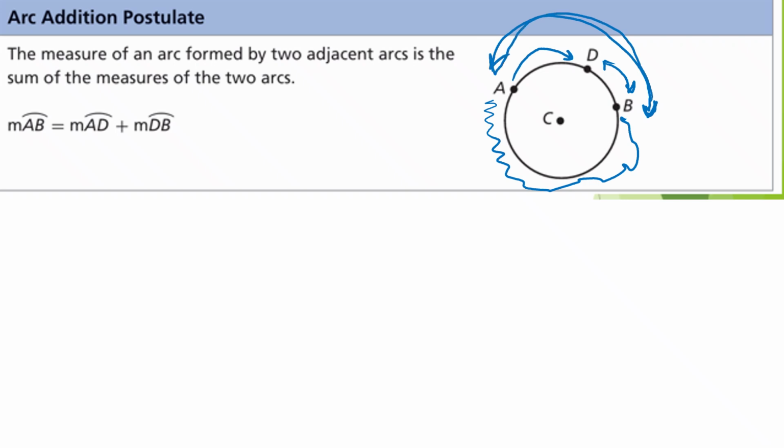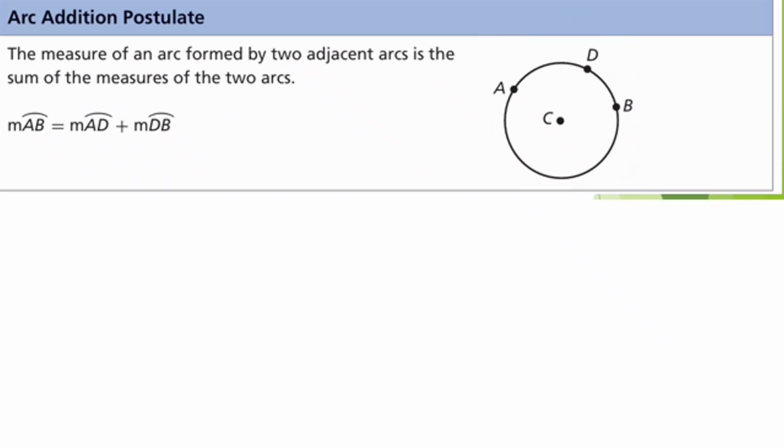This part. They didn't ask you to write about some major part or minor part, you just add AD plus DB, and it will give you the measurement of AB. Now the whole circle is 360 degrees.